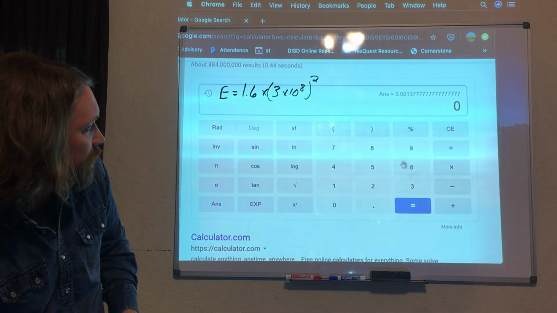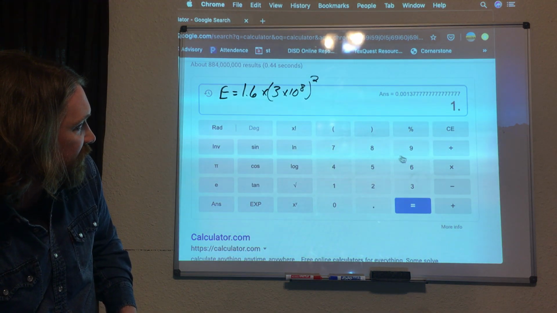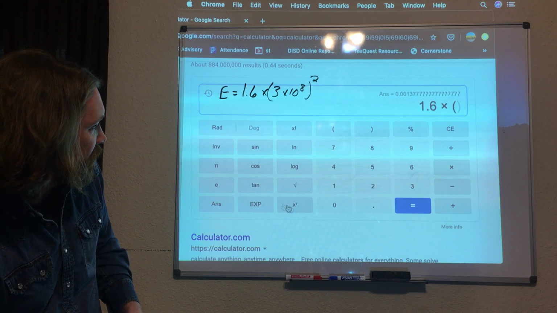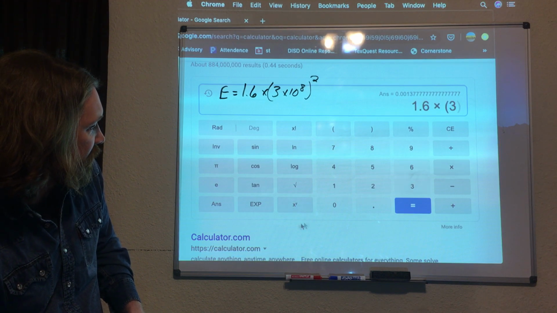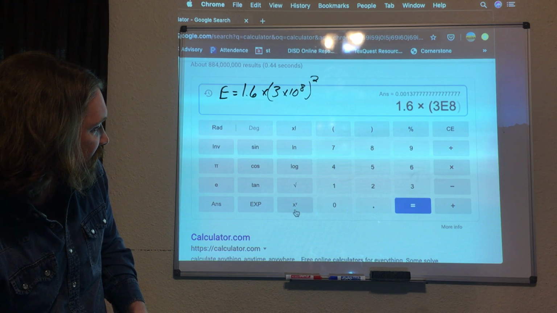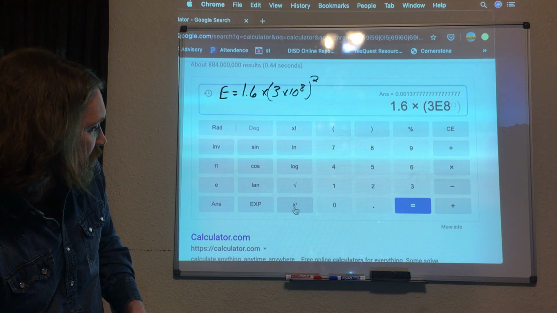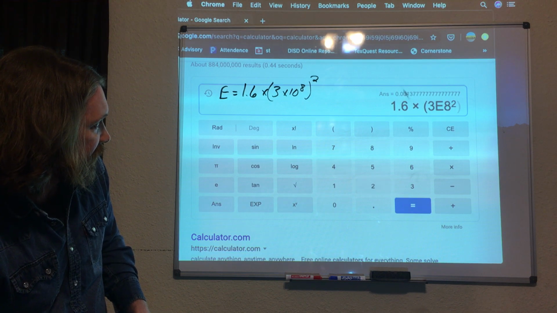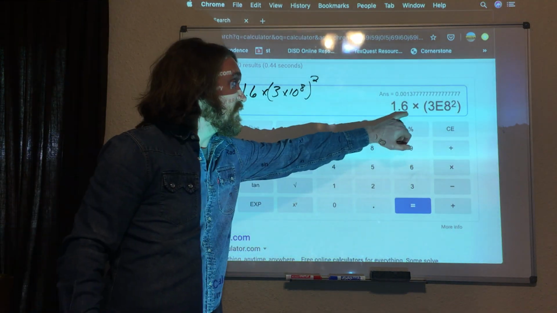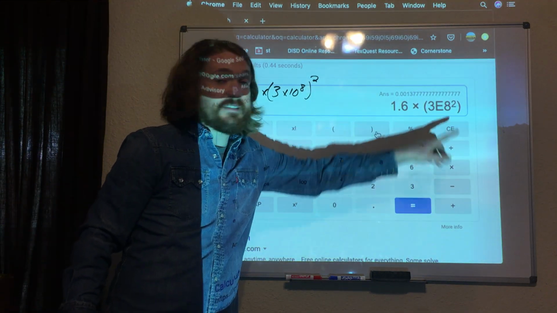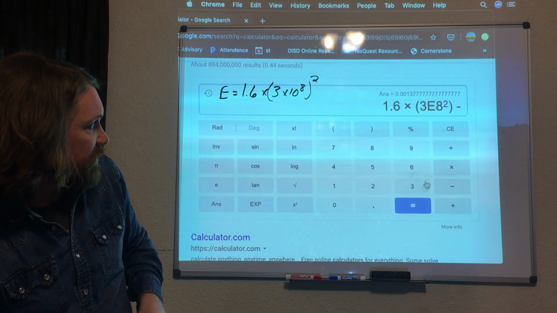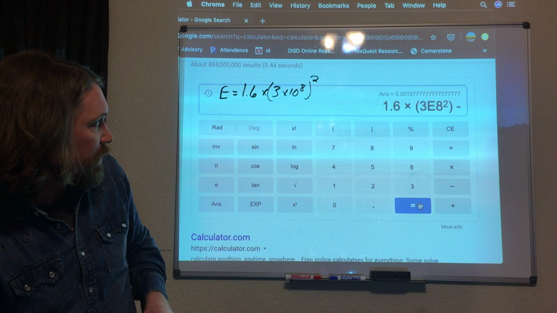So, here's what we do. 1.6 times, I'm going to put this in parentheses, 3 exponent 8, and then squared. 3 times 10 to the 8th squared, close parentheses. You could have put in 1.6 times 9e16. That also works. It's the exact same thing. And then you just hit equals.